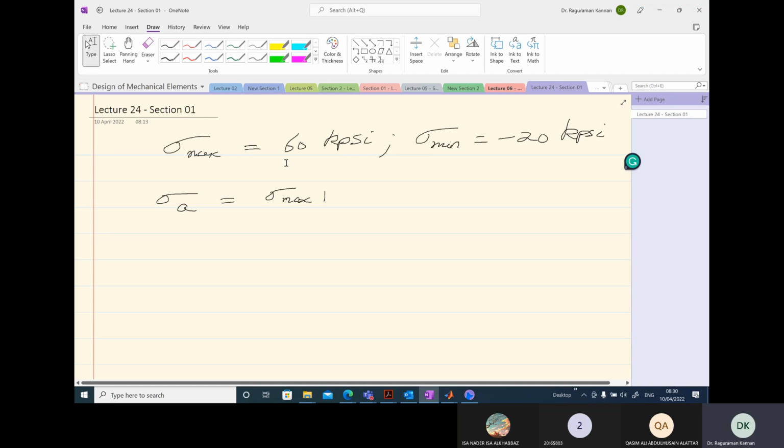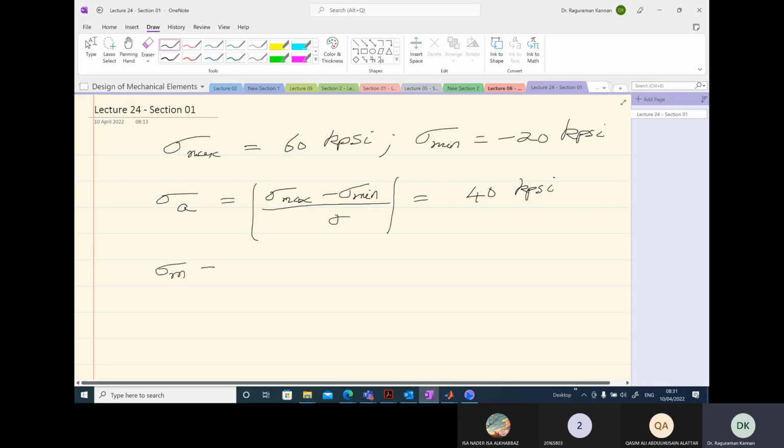Sigma a is sigma max minus sigma min over 2 with an absolute value, because sigma amplitude is always positive. 60 minus of minus 20 becomes 60 plus 20 is 80, divided by 2 becomes 40 kPSI.